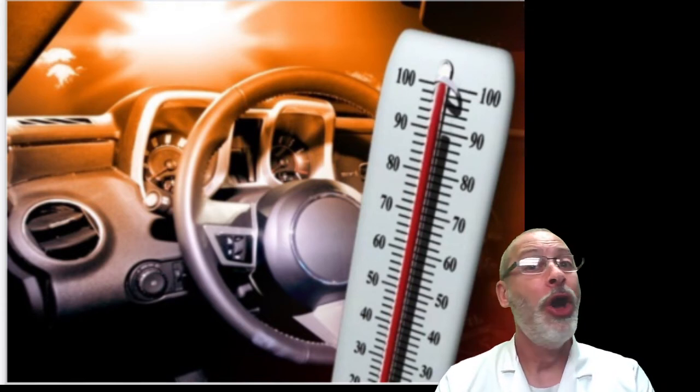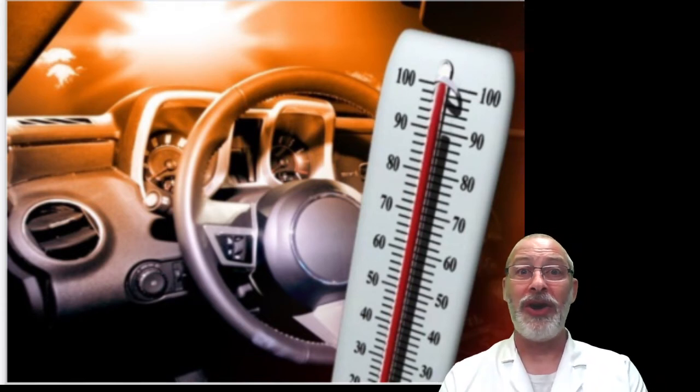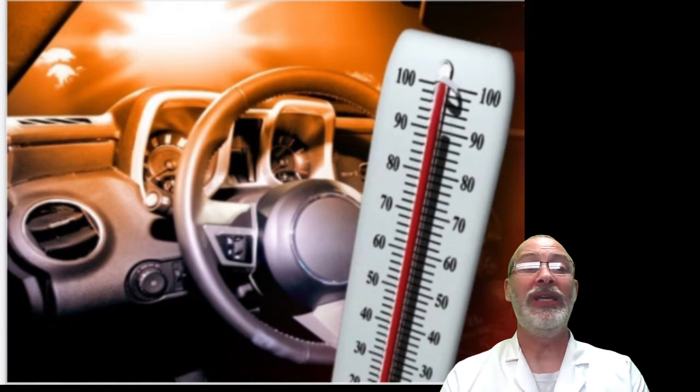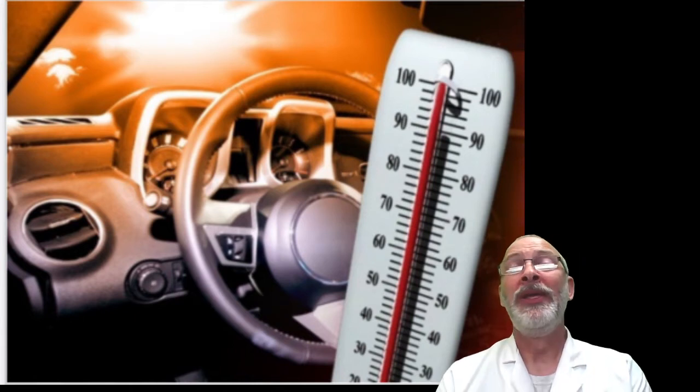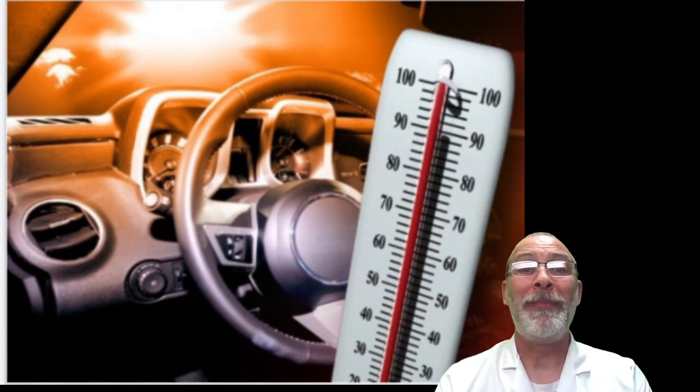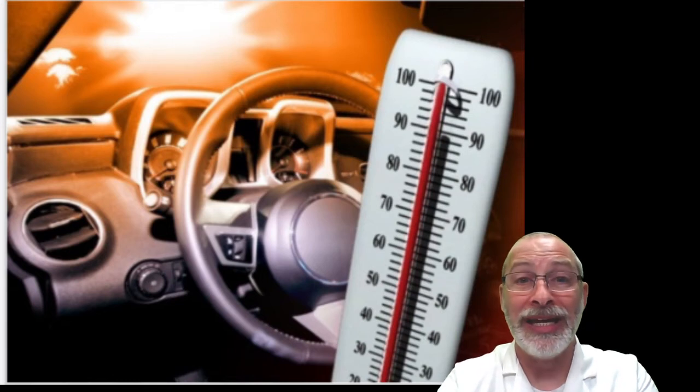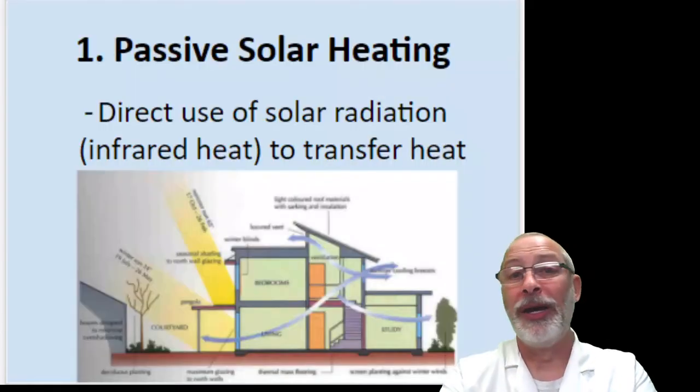Been blown away by the heat energy pouring out of that car? Oh, yeah. Well, if you have, you understand what passive solar heating is all about.